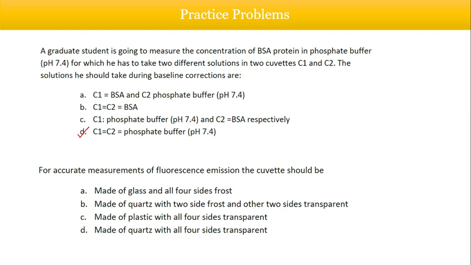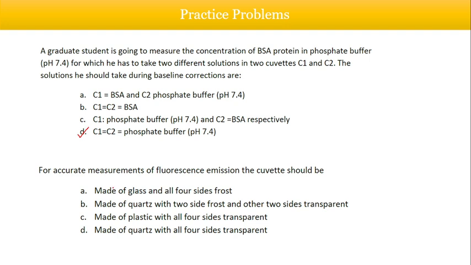For accurate measurements of fluorescence emission, the cuvette should be what? The fluorescence cuvettes are made of quartz, since quartz transmits about 80% light, which is higher than glass or plastic, and have all four sides transparent.